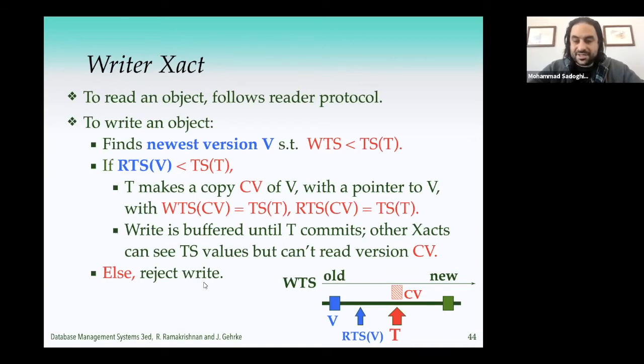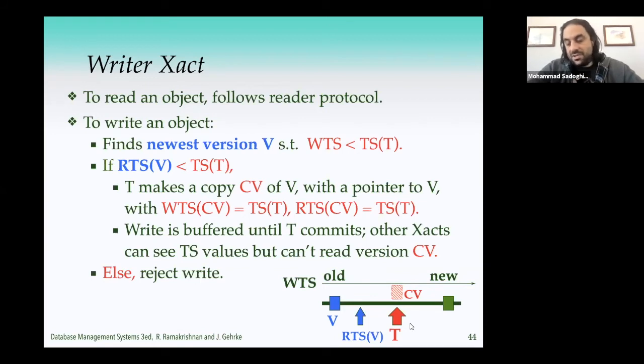The reason is that if this read timestamp, this blue arrow, was here, that means as far as these other transactions are concerned, this red version should have been read. This red version would have been the newest version visible to this transaction. But when this blue transaction read the record, this red version wasn't available, and now it is.